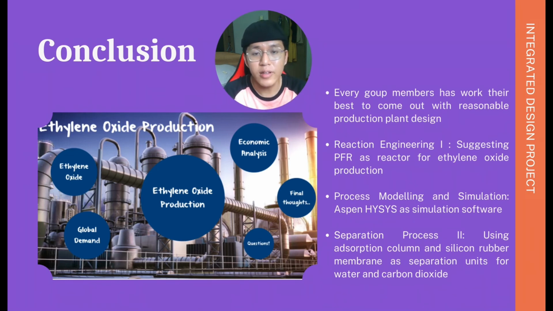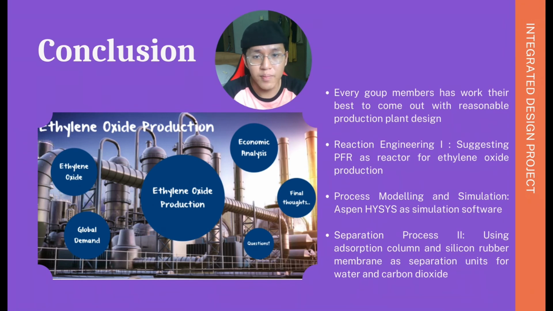Last but not least, we know that the reaction producing ethylene oxide will produce carbon dioxide and water as undesired products. Therefore, we require separation technologies to separate these two impurities from the ethylene oxide stream. In separation process 2, we will use an adsorption column and the silicon rubber membrane unit to separate the carbon dioxide and water from the ethylene oxide.